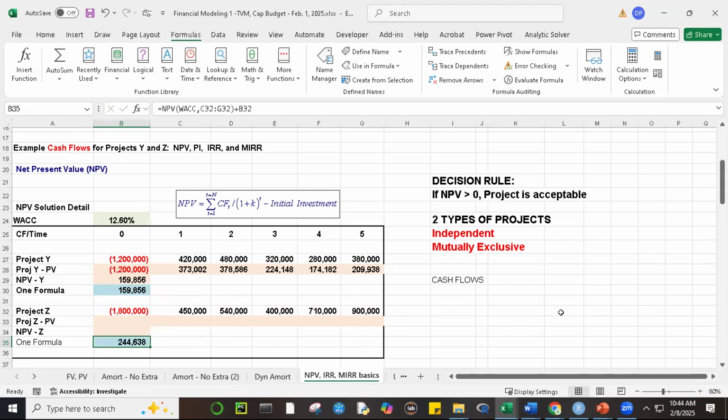Now, therefore, which project seems to be feasible? Which project should the company undertake? Will it be project Y or project Z?